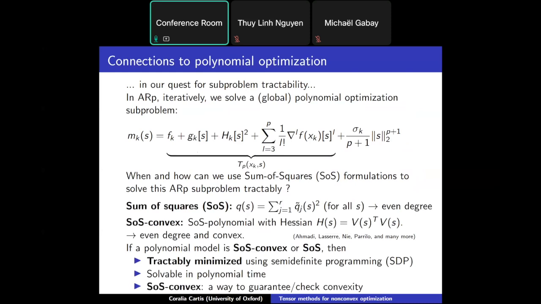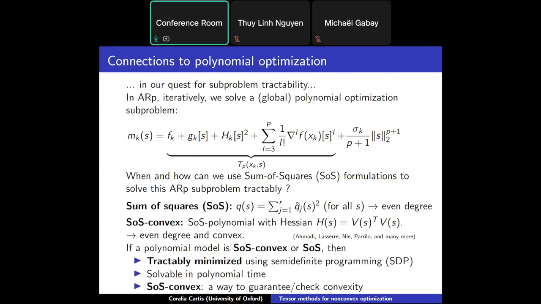So basically assume K is fixed. Okay, so let me say exactly what I mean. Assume K is fixed. So I have a given polynomial, okay, and sigma is fixed. Now, if this HK is positive definite, so the matrix of the second derivative is positive definite, and sigma is larger than the Lipschitz constant and then some other implicit term, but that doesn't depend on accuracy or anything like that, then you can show that this is convex.